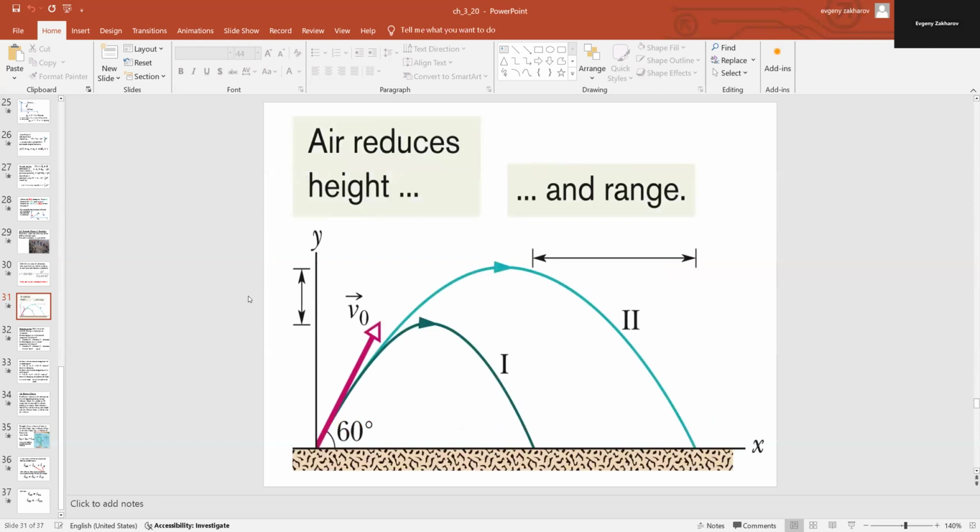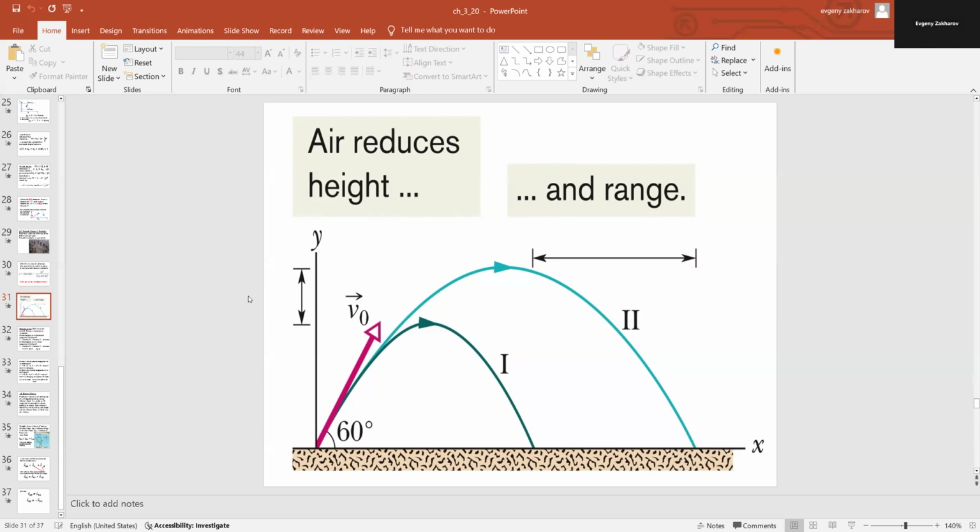If at some point you want to include air resistance, and that's what you probably want to do once you go and solve real life problems as engineers, you have to understand that friction always slows you down. Air resistance is like friction, and friction always steals your kinetic energy, converts it into heat, which we'll discuss later in the course.